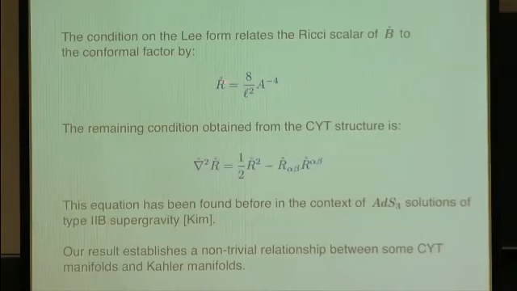So the Ricci scalar is A to the minus 4th times A over L squared, and the remaining condition obtained from the Calabi-Yau with torsion structure is this highly nonlinear differential equation involving the Laplacian of the Ricci scalar equal to half times the Ricci scalar squared minus the contraction of the Ricci tensor squared. And this equation, I should say, is not new, but it's been found before in terms of the AdS solutions in 2B supergravity by Nakwoo Kim and others some time ago.